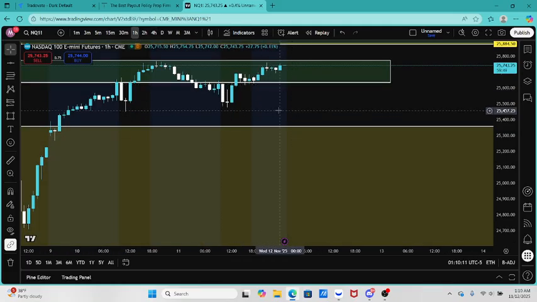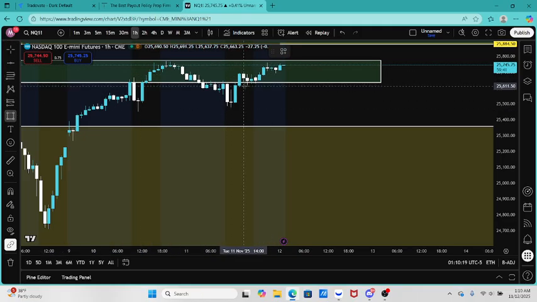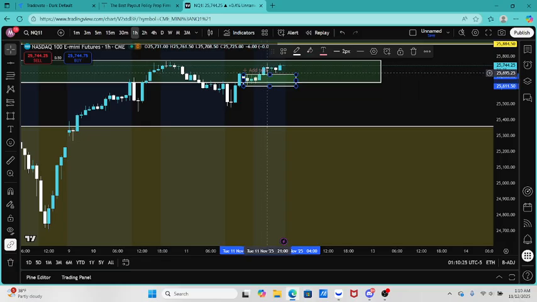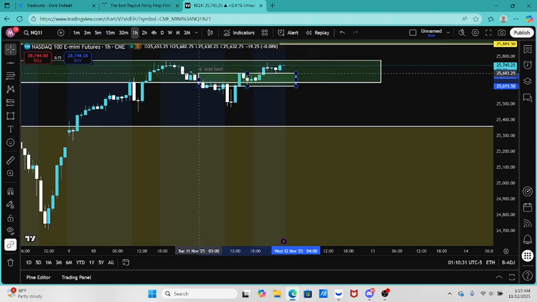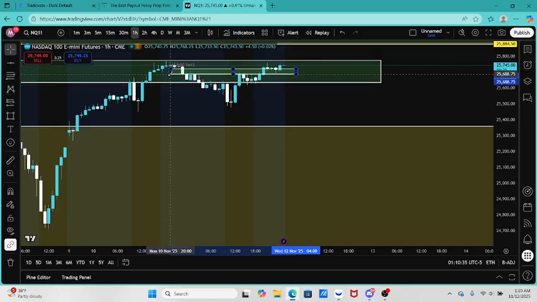Let's take a look at the 1 hour. 1 hour looking nice. Got order blocks in here. Holding above that. Trading that little gap. We have an inverse gap right here. Oh yeah, that's looking very nice.